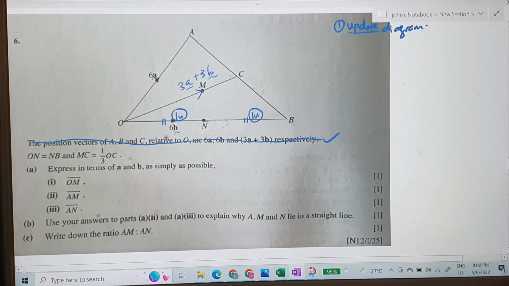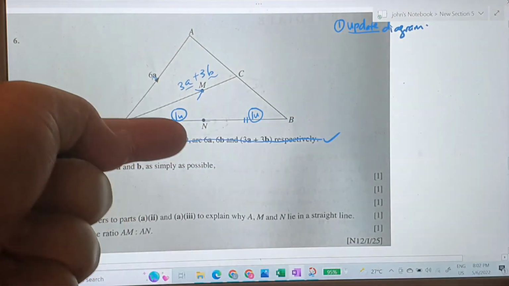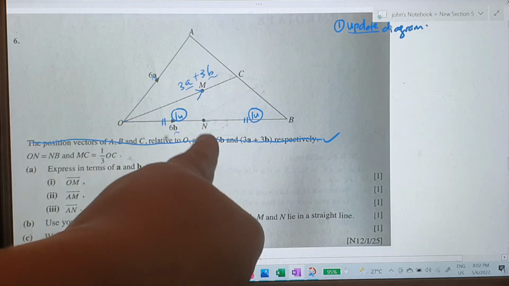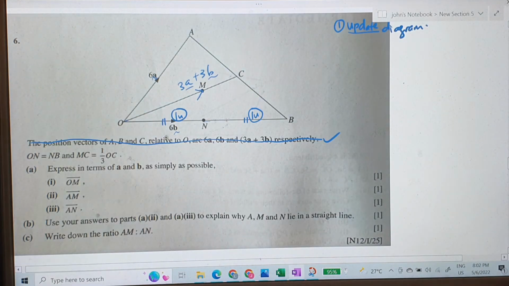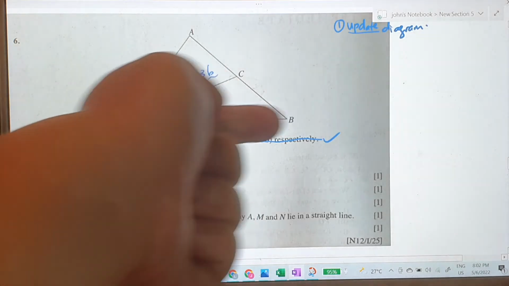Because this whole way is 6B, and this is the middle, I'm now going to relabel it. This way is 3B, here is another 3B, so that in total this whole thing is 6B.